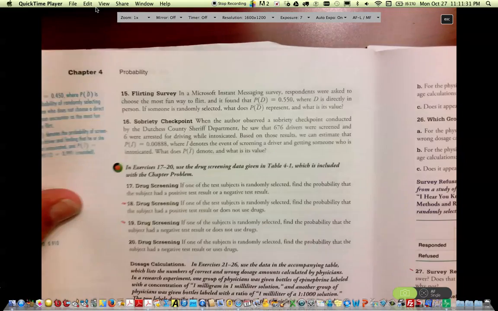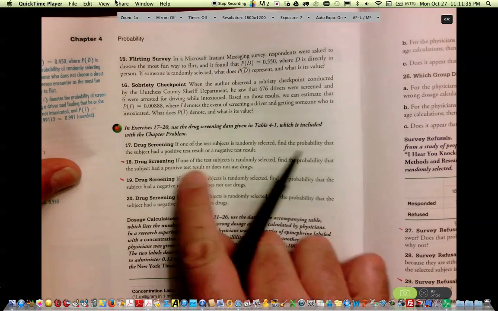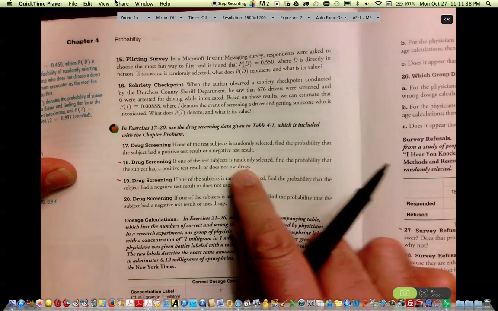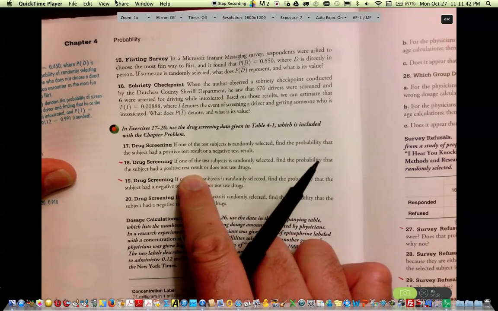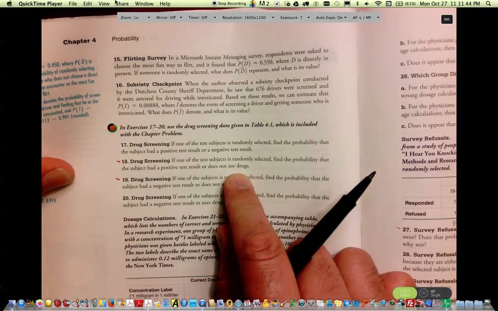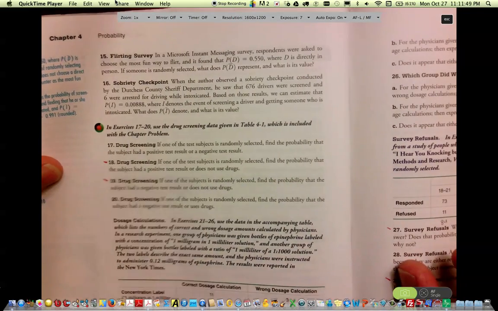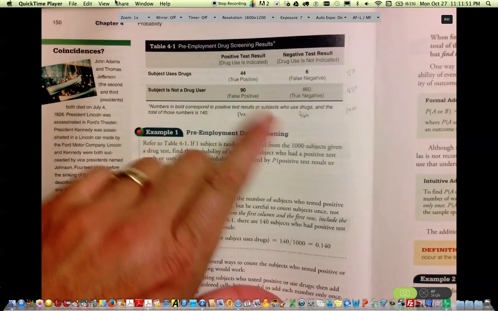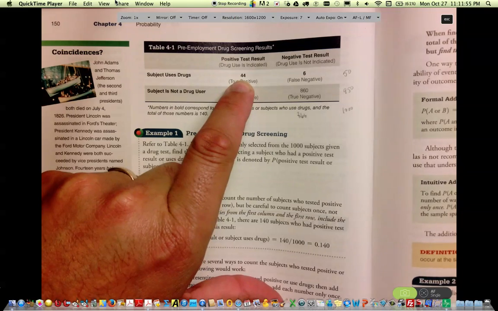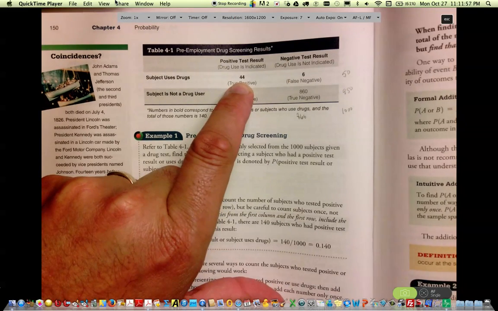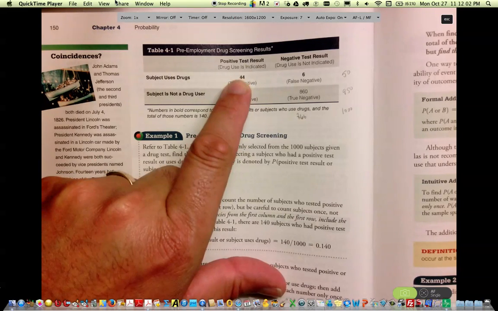The question that we have is, if one of the test subjects is randomly selected, find the probability that the subject had a positive test result or does not use drugs. So if we look at these 44 people, did they have a positive test result or don't use drugs? The answer is yes, they tested positive.